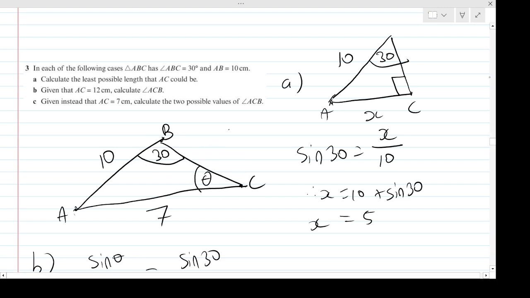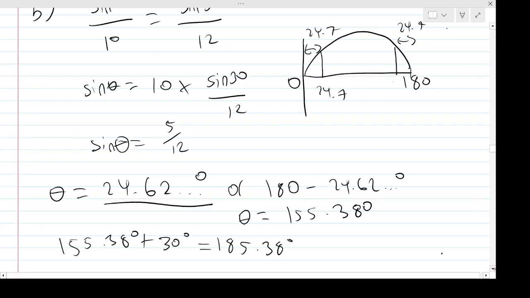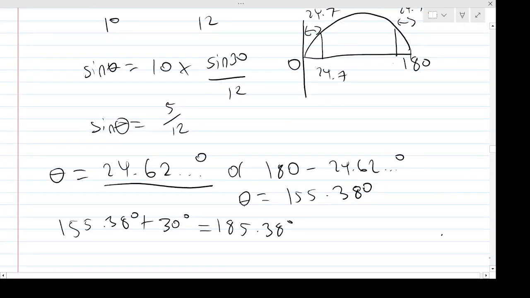Right, so that would mean then that again 185 degrees, so the angles in the triangle then, in this triangle, that cannot happen again, right? Because all three angles in the triangle must only add up to 180. I've gone above that. So therefore I only have one solution, which is indeed this 24.62.